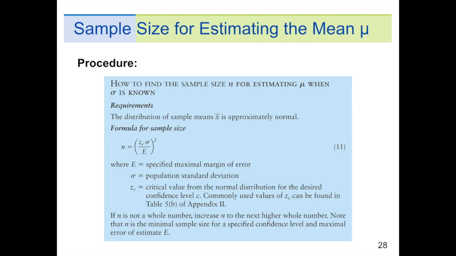Formula for sample size: n equals Z sub C times sigma divided by E, all squared, where E is the specified maximal margin of error, sigma is the population standard deviation, and Z sub C is the critical value from the normal distribution for the desired confidence level C. If n is not a whole number, increase n to the next higher whole number. Note that n is the minimal sample size for a specified confidence level and maximal error of estimate E.